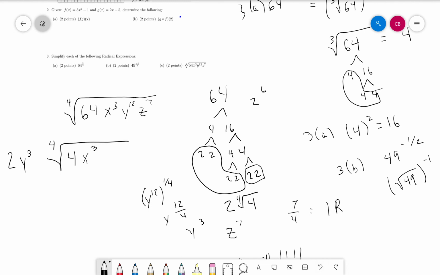This is 1 remainder 3, so this is the power that comes out. This is a z. I think we have to put absolute value around it. I'll let you get away with it because I don't think I did that on the test. And then z to the 3rd. Okay, so this is what's left inside. This is how many come out. Just z to the 1. And that would be it for this first page.